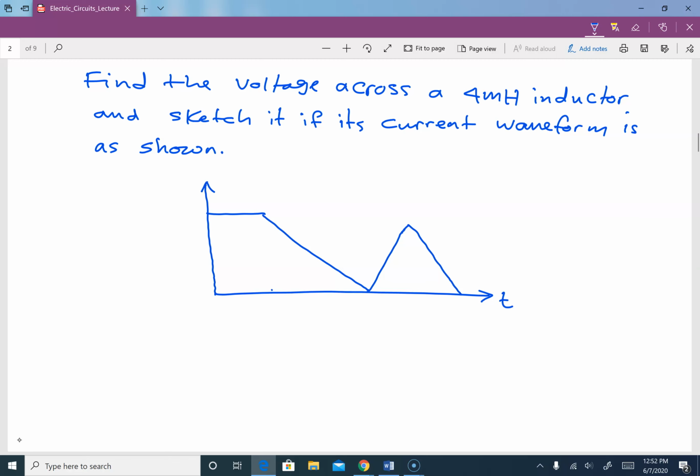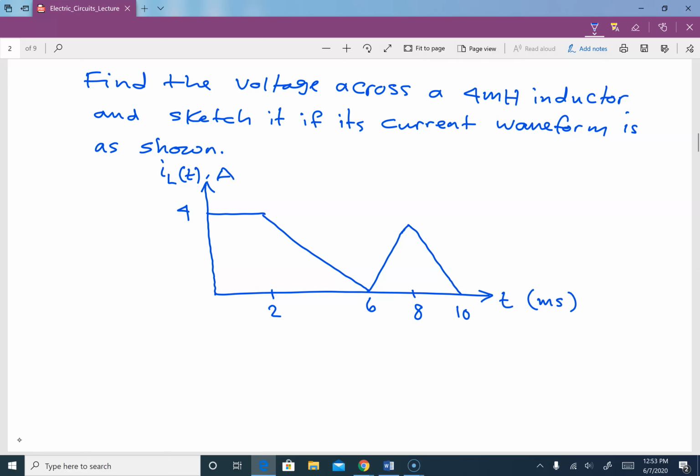So this over here is 2, this is 6, this is 8, and this is 10. And that time, let's say it's in millisecond, and this is our IL of t, in ampere, and this value here is 4.